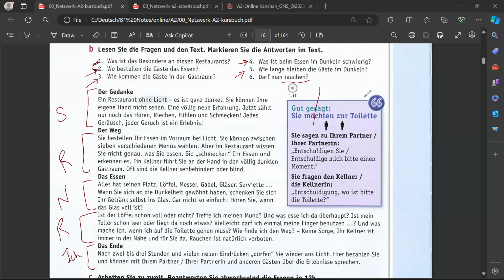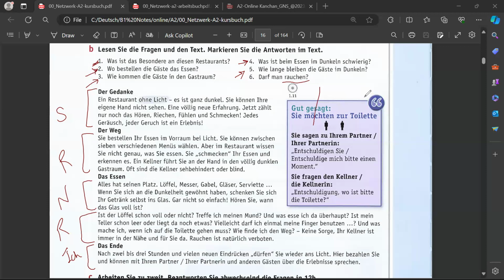Vielleicht darf ich einmal meine Finger benutzen. Maybe I can use my fingers for once. Und was mache ich, wenn ich auf die Toilette gehen muss? And what do I do if I have to go to the toilet? Wie finde ich den Weg? How do I find the way?